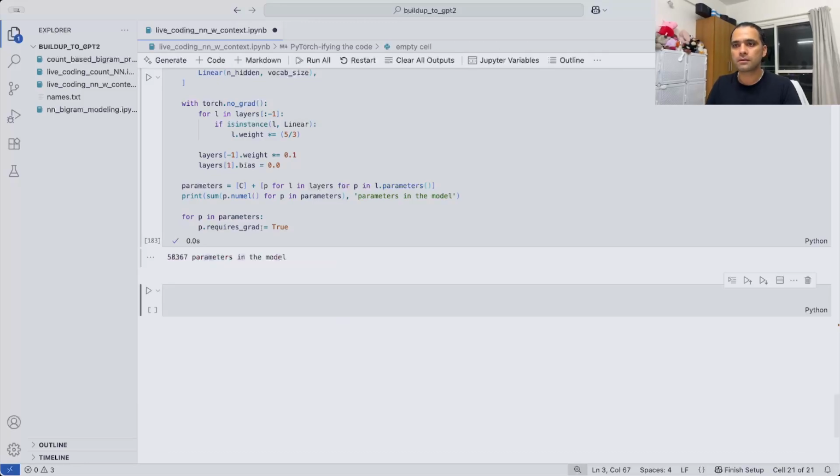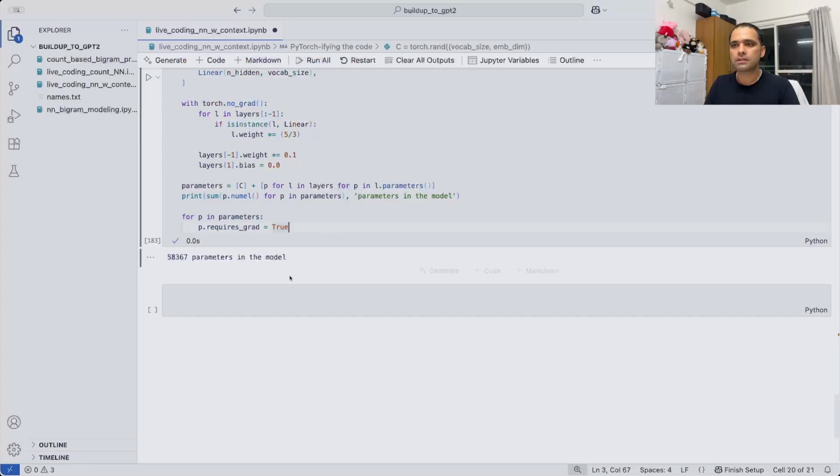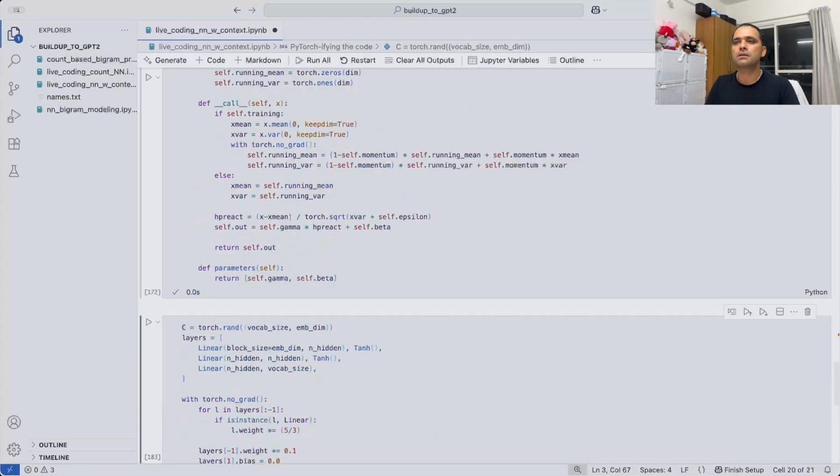All right, so we now have 58,000 parameters, and all our parameters are scaled, gain applied. Then we have a parameters variable defined. We have all requires_grad equals True. So now we can start our training part.